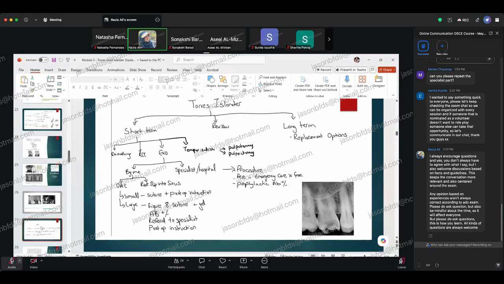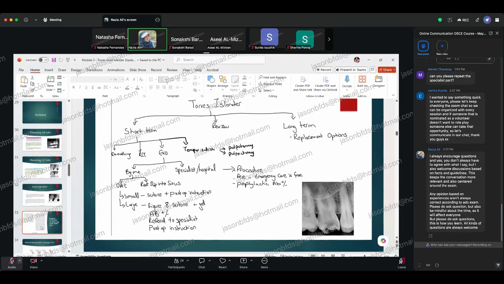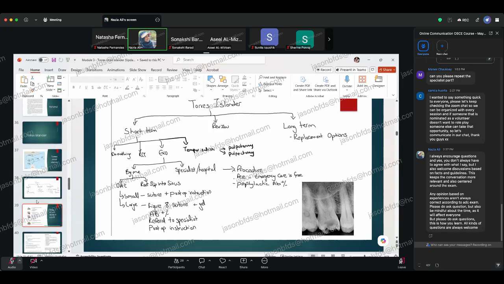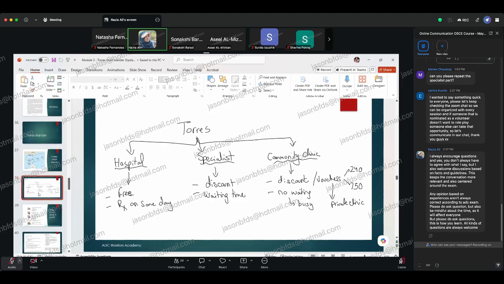Remember the ADC examiners are not only testing your knowledge perspective, your understanding of the condition, but also from a government support and policies perspective, they want to know, do you know how these individuals in these communities are supported? So if you're in a hospital, today when you temporize the tooth, there's no charges.